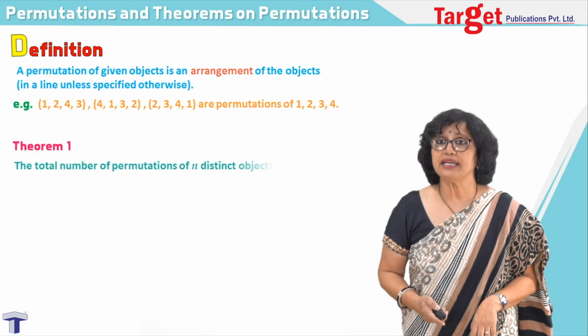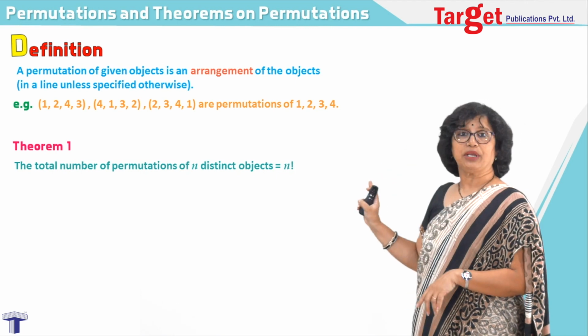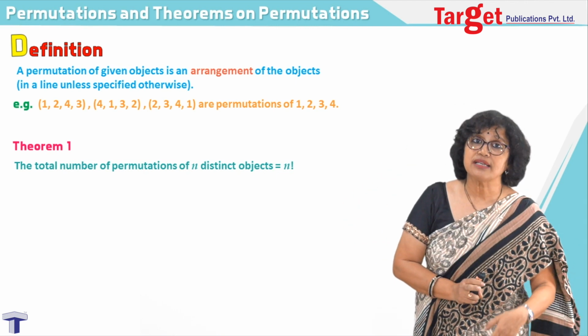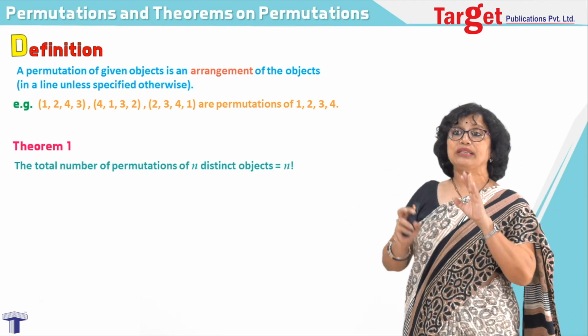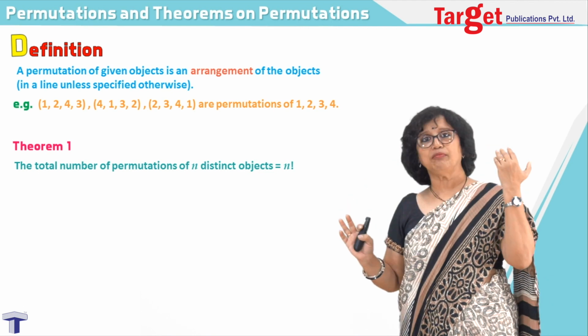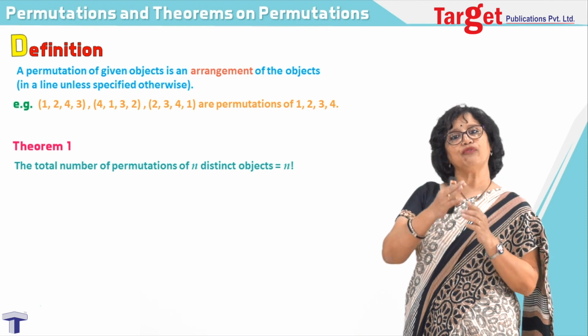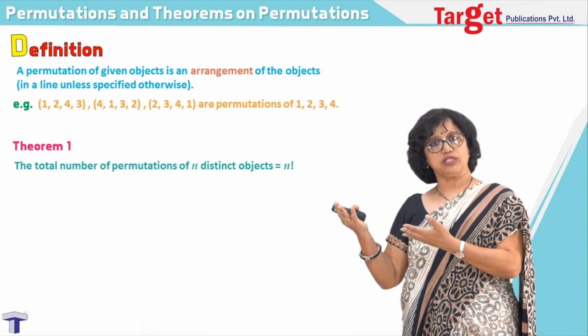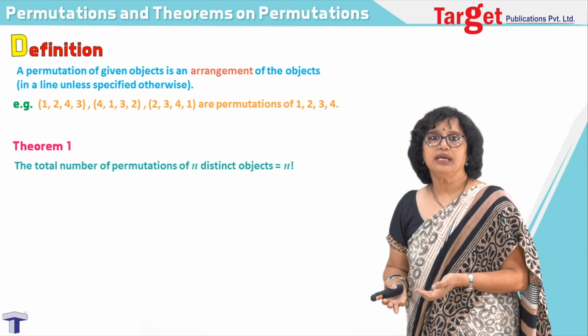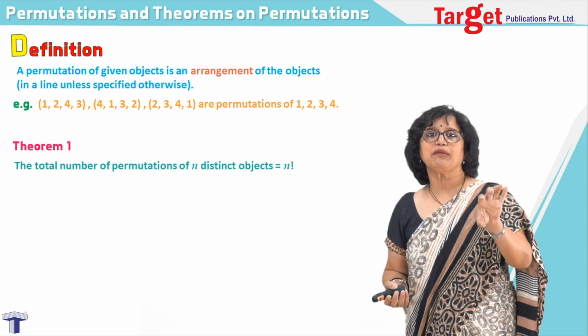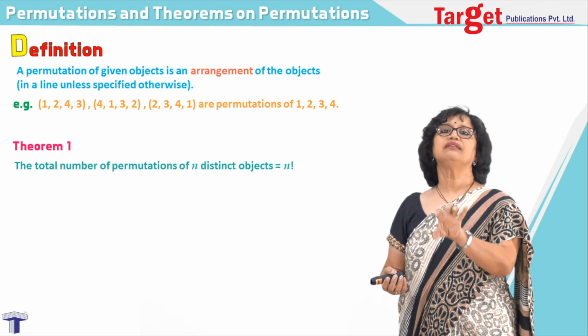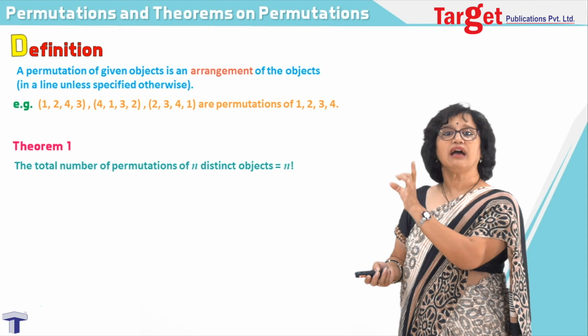My first theorem is: the total number of permutations of n distinct objects is n factorial. This kind of thing you had done in my previous sessions also. If I ask you to write some 4-digit number, with possible digits as 1, 2, 3, 4, then the first place can be filled in 4 ways, second in 3 ways, then 2 ways, and then 1 way.